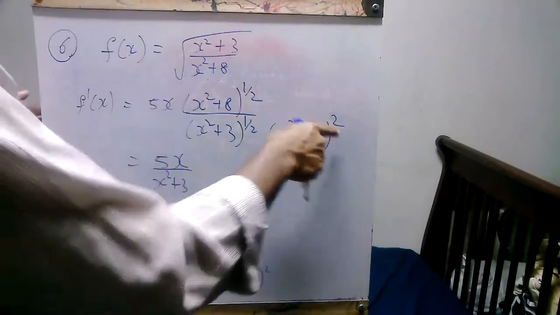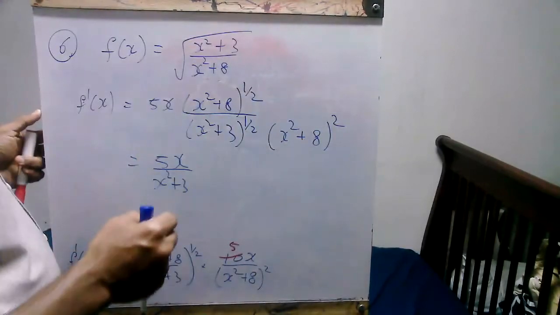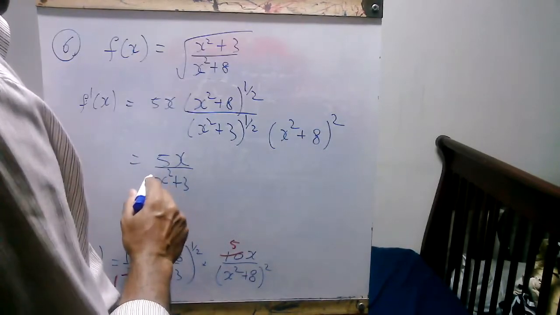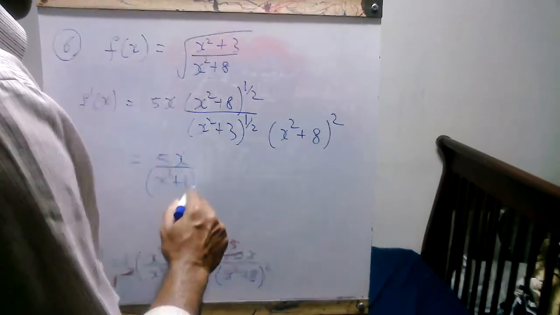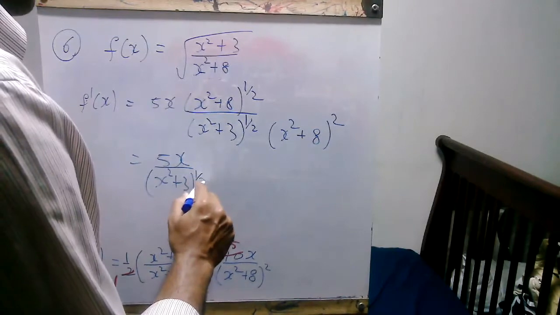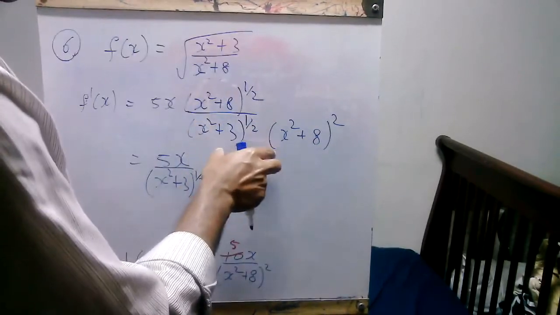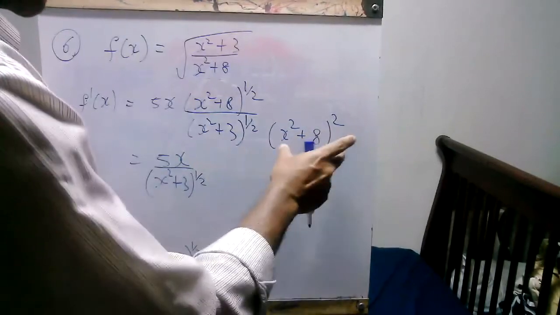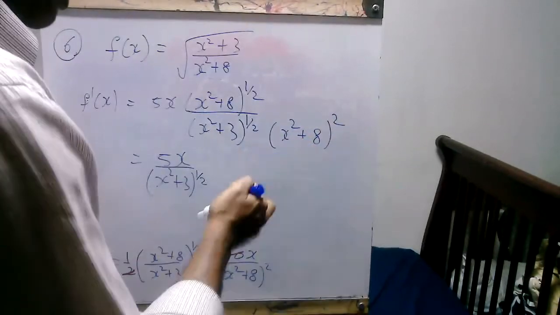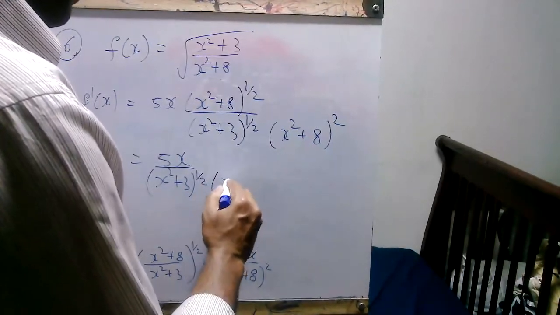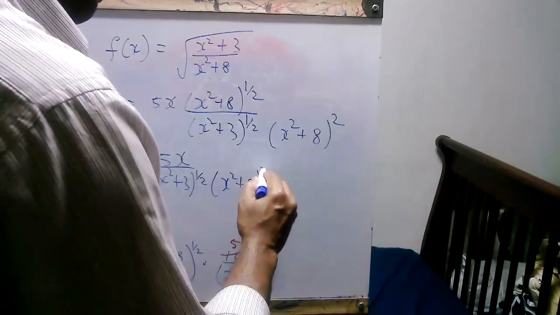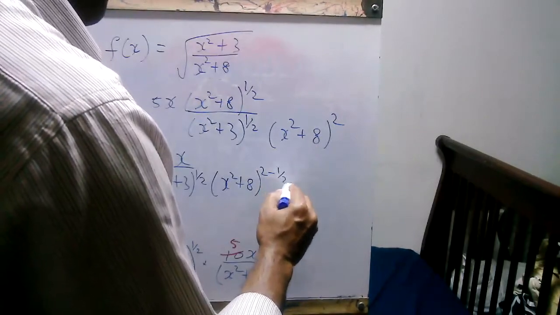They have different exponents, but we can combine them. x square plus 3 to the power 1/2. If you move this to the denominator, it will be negative 1/2. Then when we multiply that and this one, we get x square plus 8 to the power 2 minus 1/2.